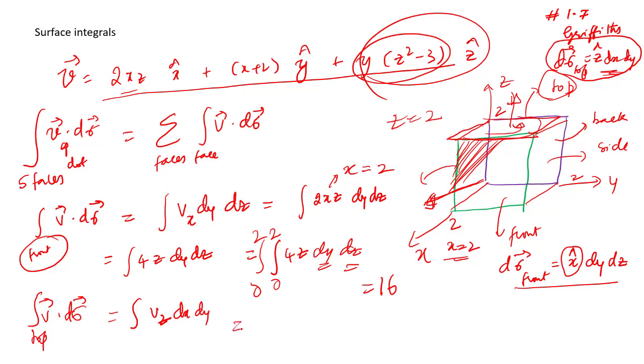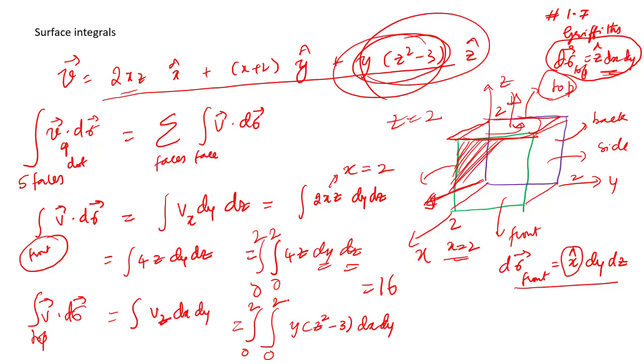So vz here is y times z squared minus 3. So I have y times z squared minus 3, and I have dx dy, and both dx and dy are going from 0 to 2, right?